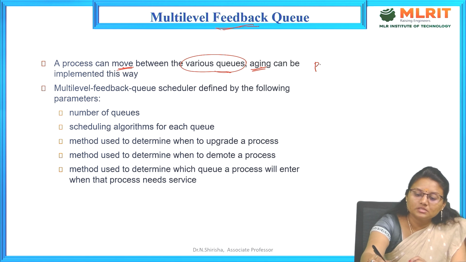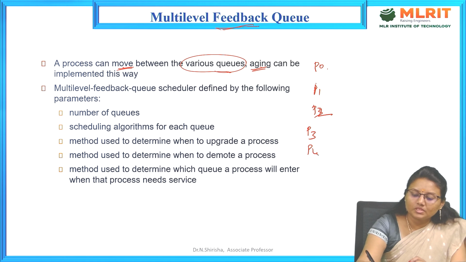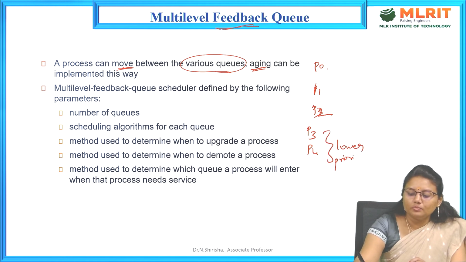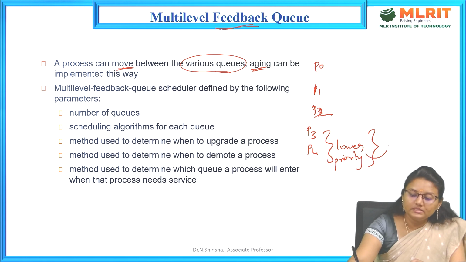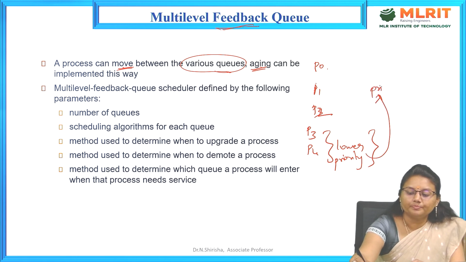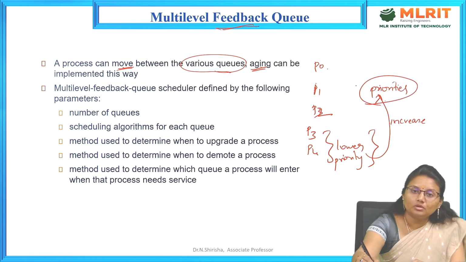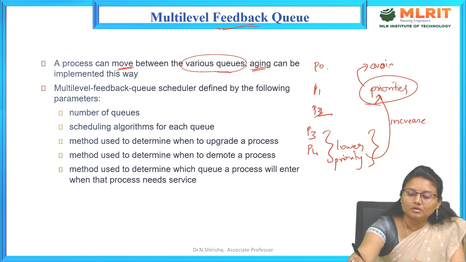For processes having lower priority, say P3 and P4, which have been waiting for a longer period of time, we increase their priorities so that they can undergo execution, so that you are avoiding what? Starvation.